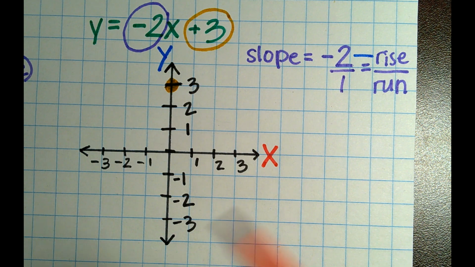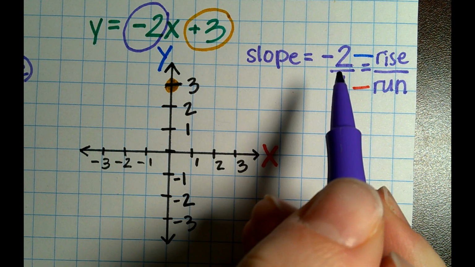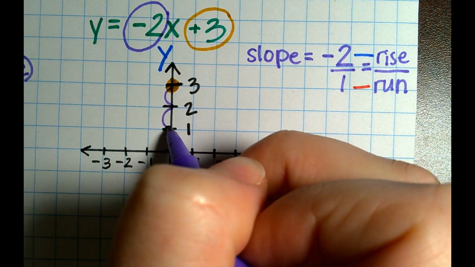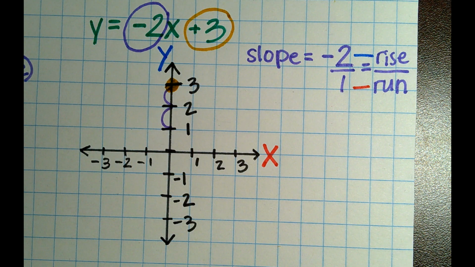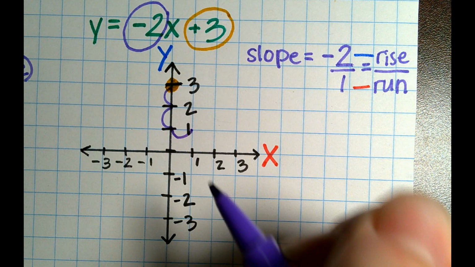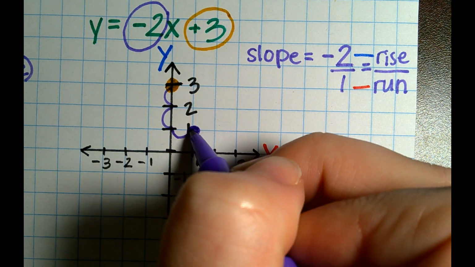Perfect. So since my rise is negative, will I move up or down? Down. How many spaces? 2. 1, 2. Yep, and then my run is 1, so I go over 1. And that is our second point.